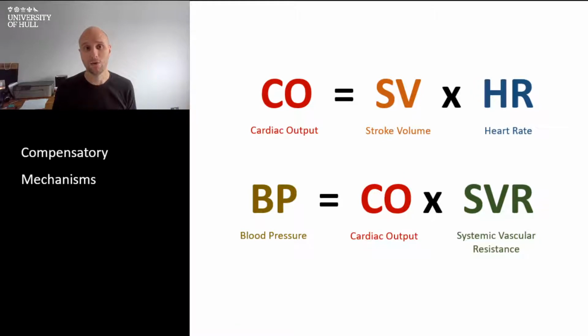Okay, now we've previously discussed and introduced these terms, including cardiac output, which, just to recap, is the volume of blood ejected from the left ventricle within a minute, and that's related to the stroke volume, which is the volume of blood ejected with each contraction, times the heart rate.